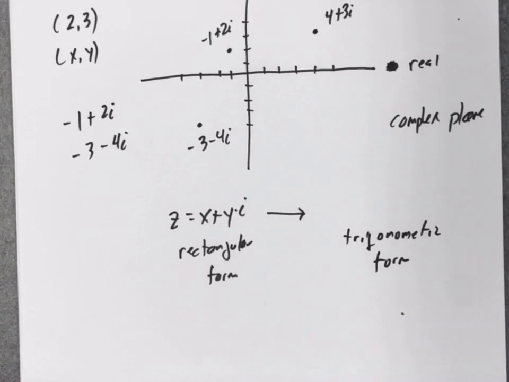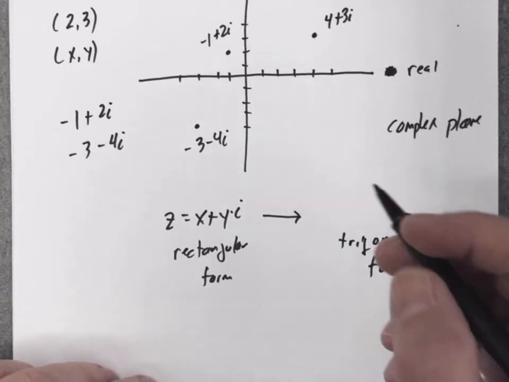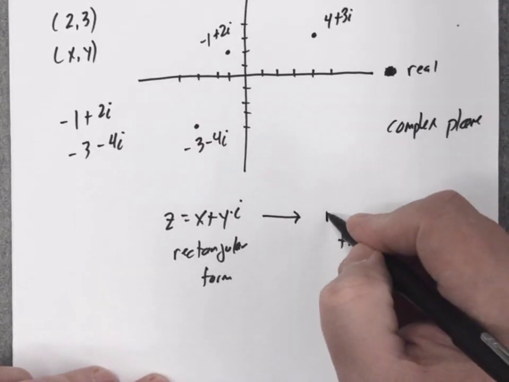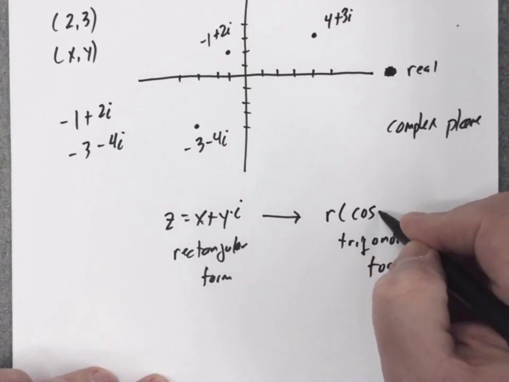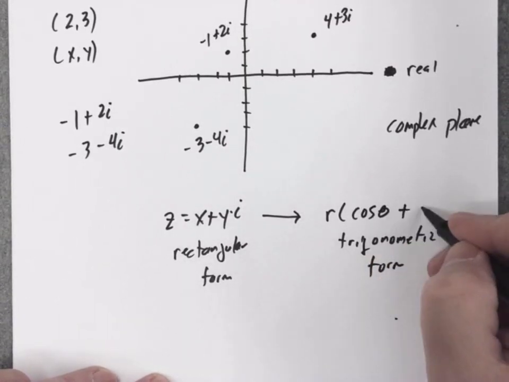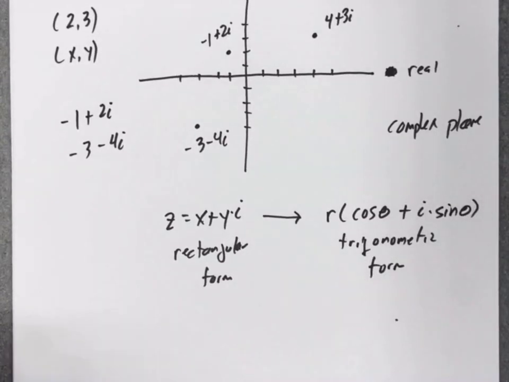So here's where the trig enters in, and this is why we talk about this in trig class. So let me write out what the trigonometric form looks like. It's going to have r, and then you have cosine theta plus i sine theta.